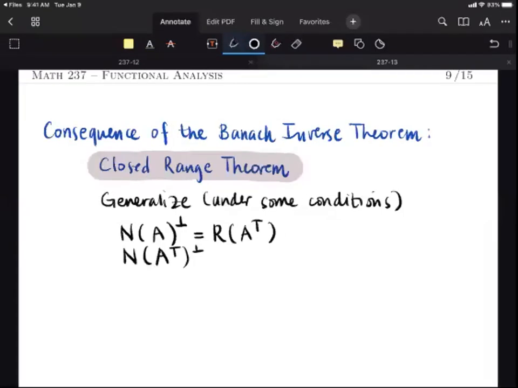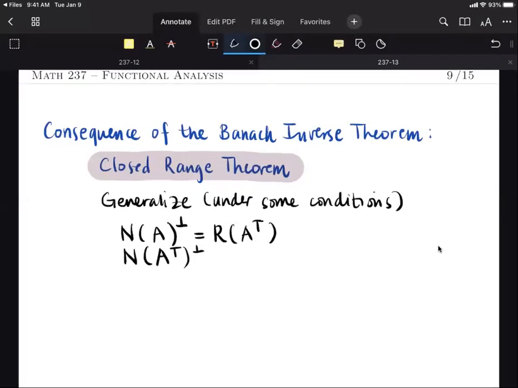The orthogonal complement of the null space of the transpose is the same as the range of A, for n by n matrices. So here, of course, one has to consider, let's say, the case of Hilbert spaces, for instance.